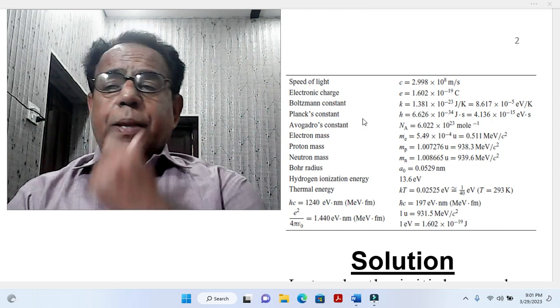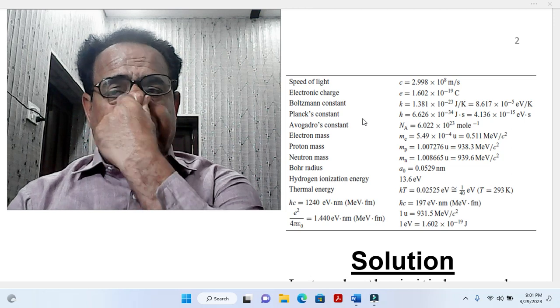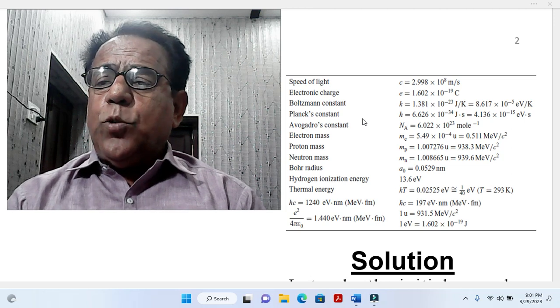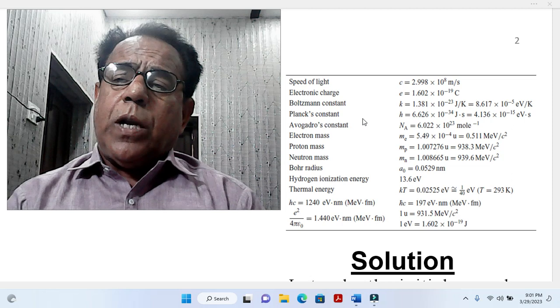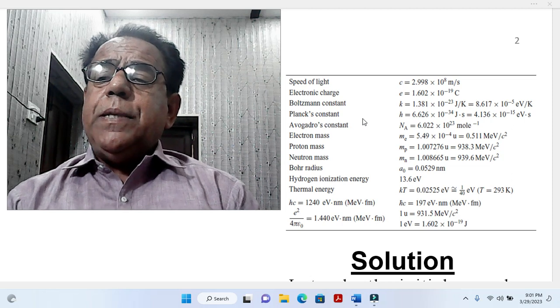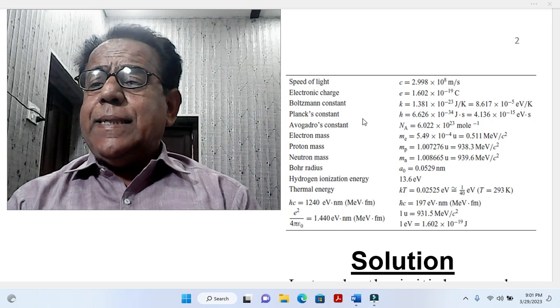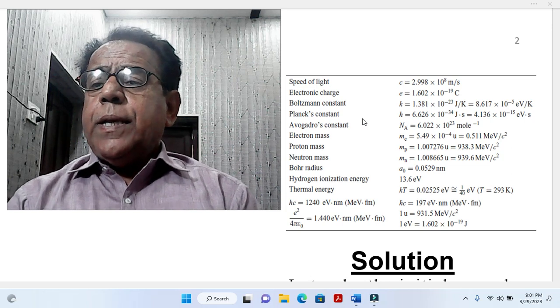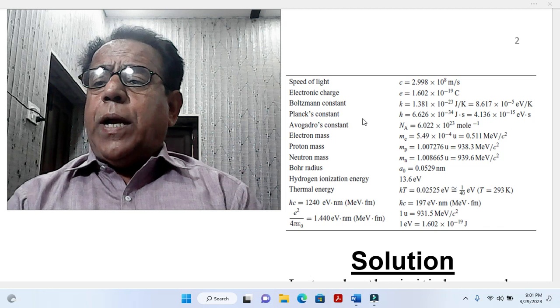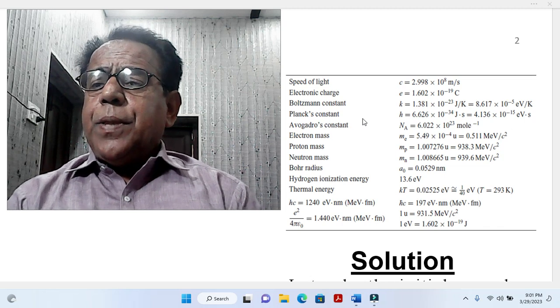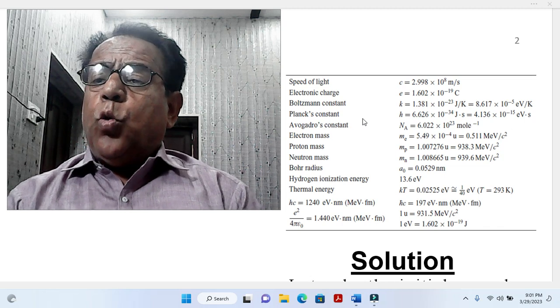If we shift this c squared, which is presently in the denominator, to the other side of the equality, it will become a numerator, and hence c squared will become equal to 931.5 million electron volt over u.